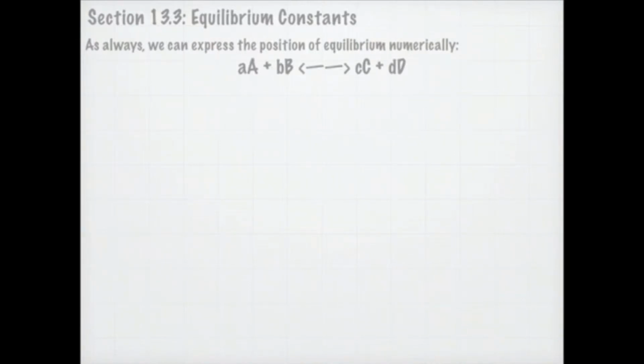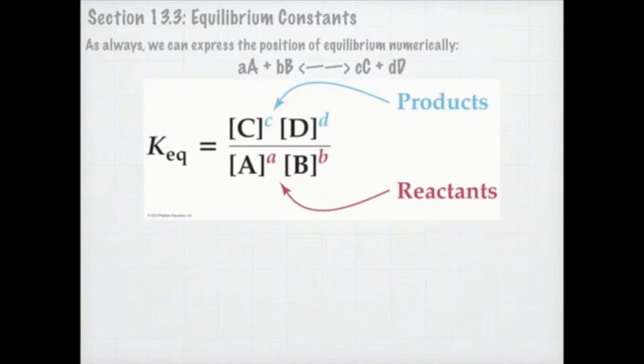If I give you a generic reaction like the one you see below, to find your equilibrium constant, which we represent with KEQ, your KEQ will be equal to the concentration of C, one of your products, raised to its coefficient, which is the little c, times the concentration of D raised to its coefficient, divided by your reactants: the concentration of A raised to its coefficient times the concentration of B raised to its coefficient. Those brackets mean concentration.